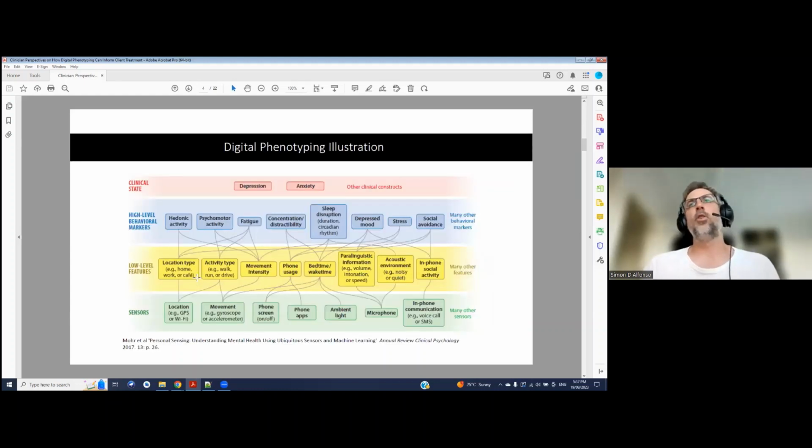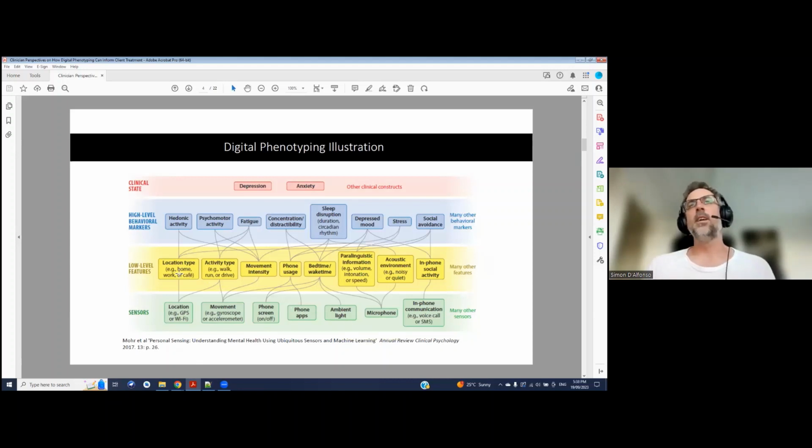Now that we have that terminological introduction out of the way, just wanted to quickly show this illustration that I've taken from this lovely paper from a few years ago. And it's just a quick way to convey this idea of digital phenotyping. You start off, say, with your sensors in the bottom layer. Most of these are smartphone sensors, but you can have other sensors from other devices. This is the raw data.